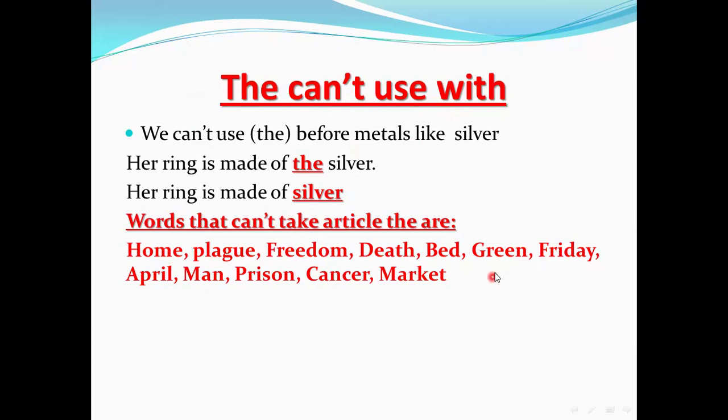You can't say the green or the red, it's wrong. You can say green, red only, without the. Also before days like Friday, and before months like April, we can't use the. May, and so on.